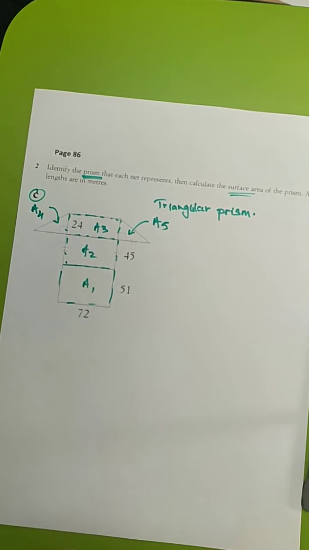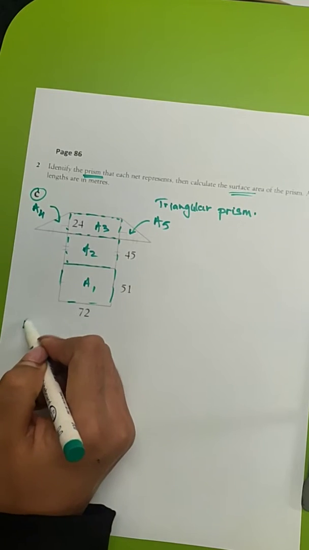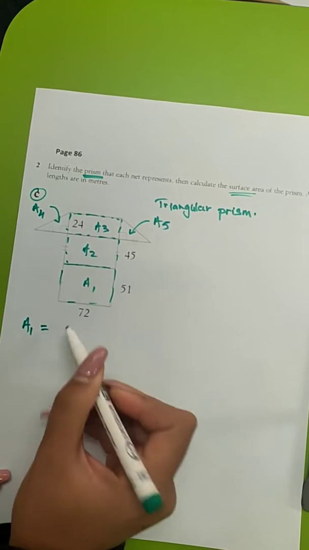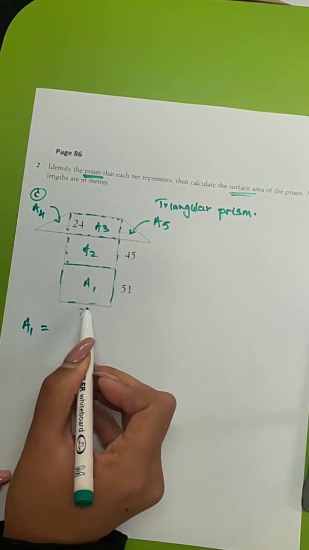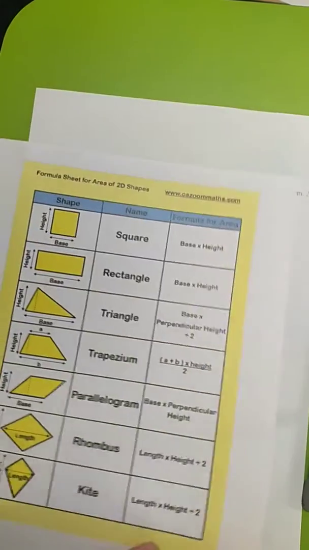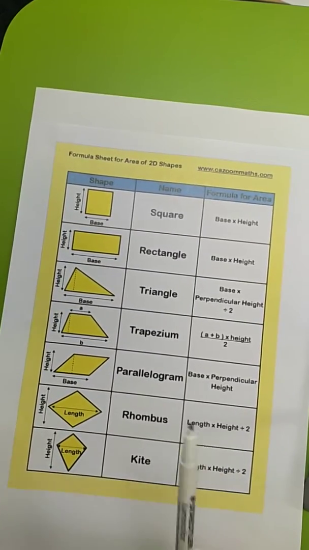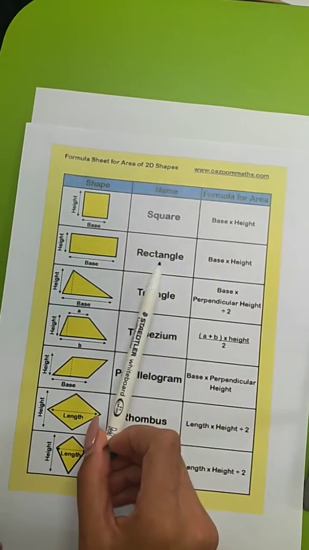Okay, so first of all, we're going to calculate the area of the first given rectangle, so rectangle A. So remember, the area of a rectangle is the base times the height. Remember, I gave you this sheet last Monday. Okay, so if you look at rectangle, the area is base times height.